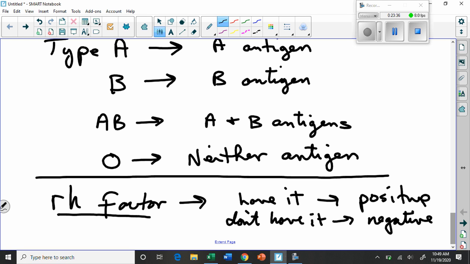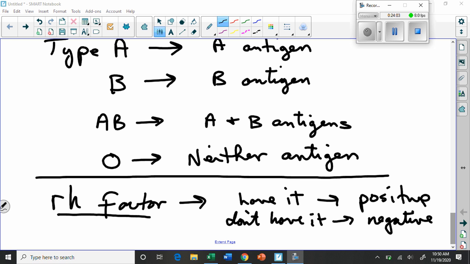We used to do blood typing back in the day, but I'm going to pause this. These antigens will determine how your blood cells behave. And if you don't match up the antigens properly when you're giving someone blood, the antigens can interact and cause the blood cells to stick together and become all clumpy and clotty.